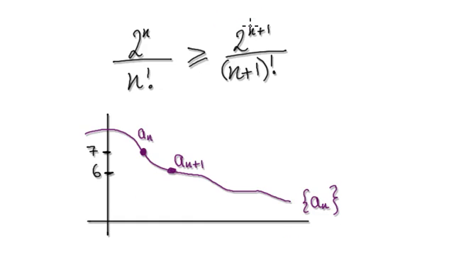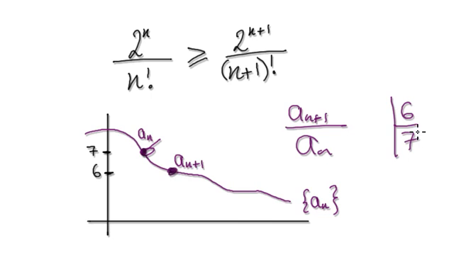So if you look at your sequence, if something's decreasing, imagine this is 6 and this is 7 here, then the next term will be smaller than the current term. So if you get a_(n+1), the next term, divided by our current term a_n, in our case 6 over 7, you can see that 6 over 7 is smaller than 1.